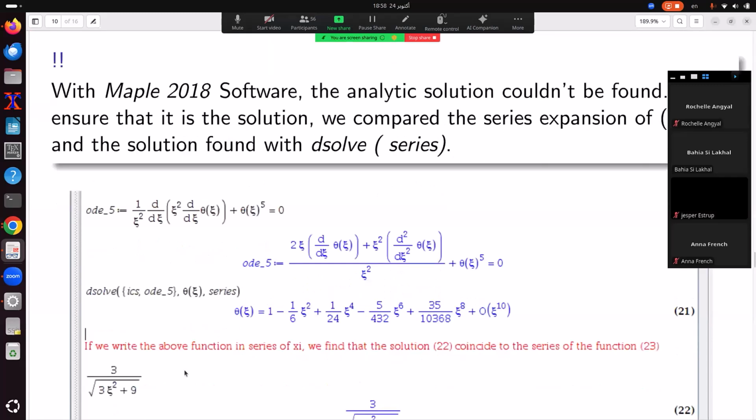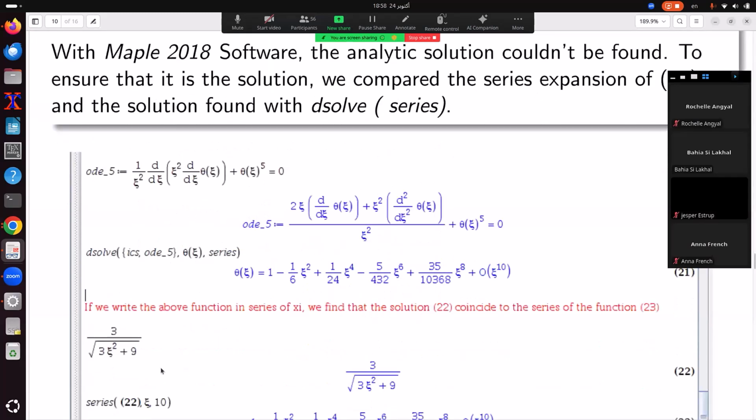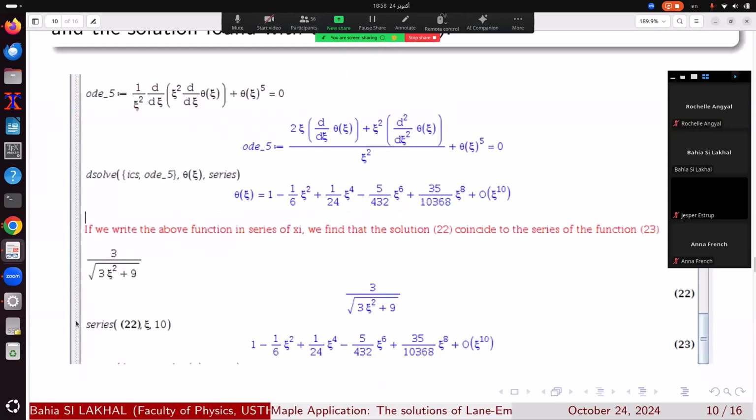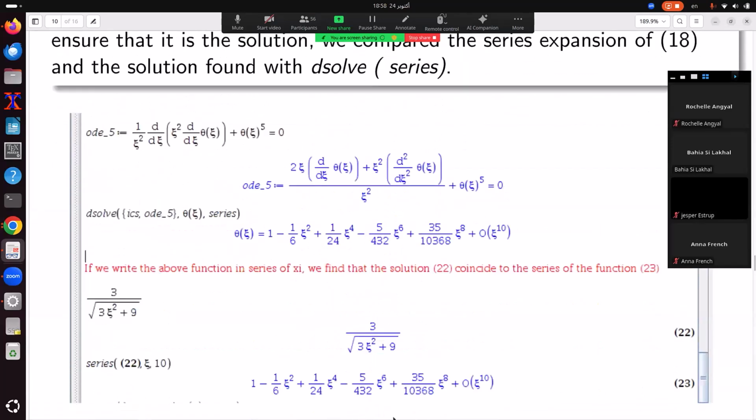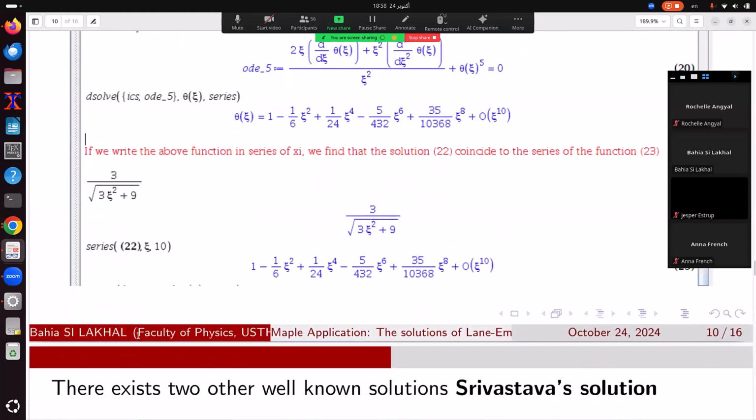Now, I know that the solution for n equal 5 is this solution. So what I did, I made the series of this solution, and comparing equation 21 to 23, we see that we have the same equations. So this is the analytical solution.